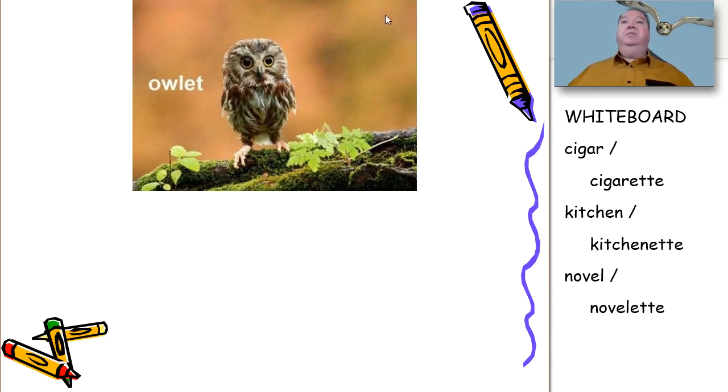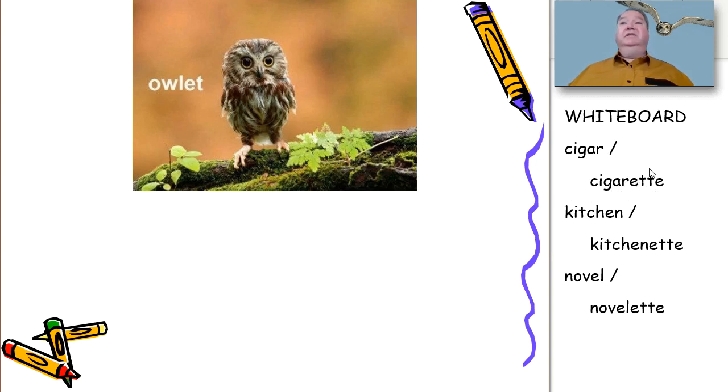I've got a few examples over on my whiteboard here. A cigar is a longer, thicker version, filled with tobacco that you smoke. A smaller version of that, much thinner, is a cigarette, like cigar-et.